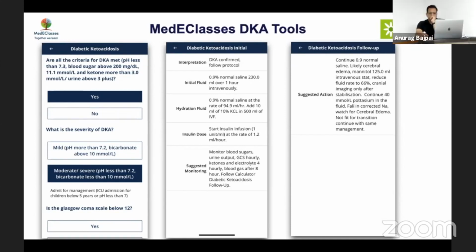And if fit, what the subsequent subcutaneous insulin dose should be.